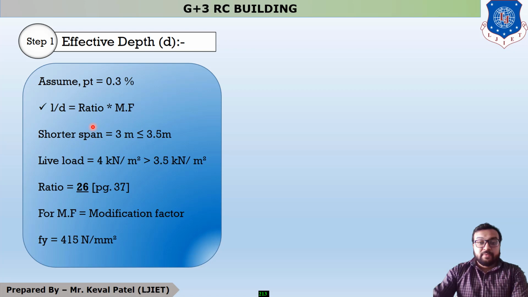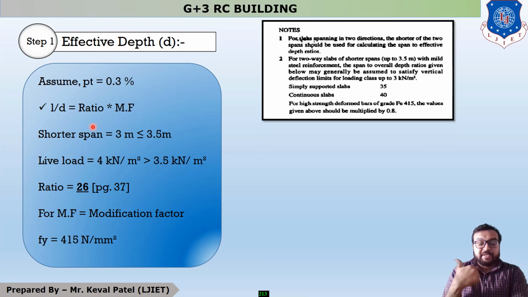There is a major difference in finding the ratio, because there is one important note given on page number 39: if your shorter span is less than 3.5 meter and your live load is up to 3.0 kilonewton per meter square, then your value of ratio is 35 or 40 according to the type of slab.